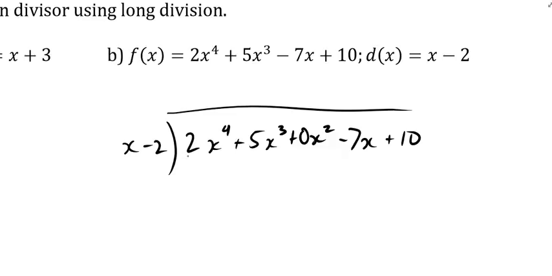So x goes into 2x to the 4. How many times? Mason? Good. 2x cubed. So that when I do 2x cubed times x, I get 2x to the 4th. There's that little check every time that you do this process, that those match so that you get 0.